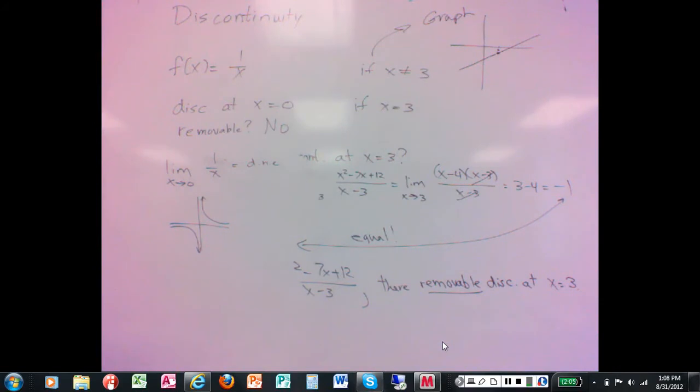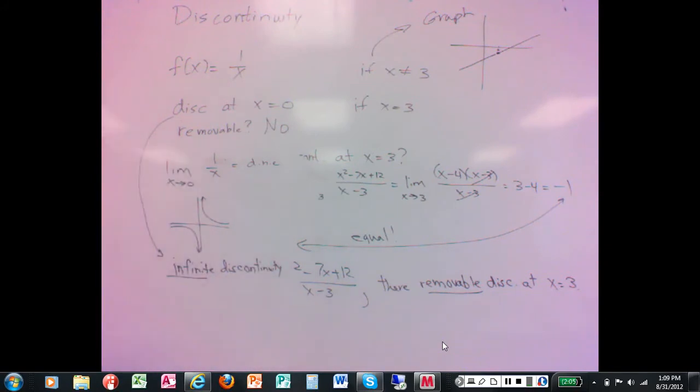But for obvious reasons, we would call the discontinuity at x equals 0 an infinite discontinuity. Makes sense?